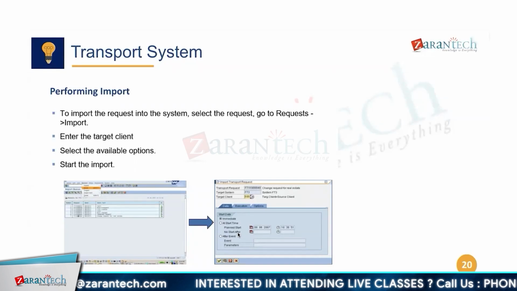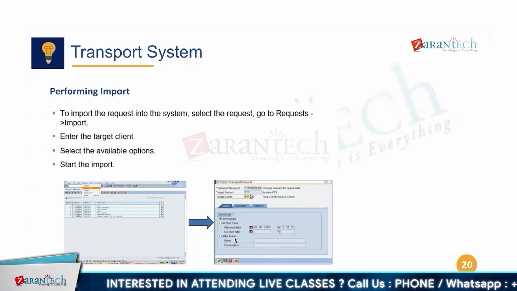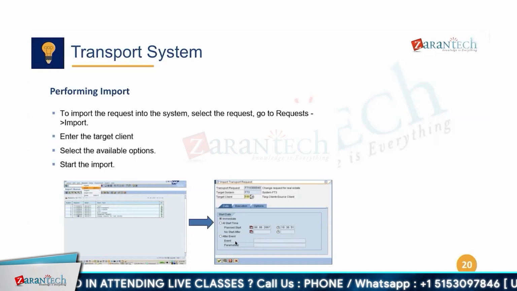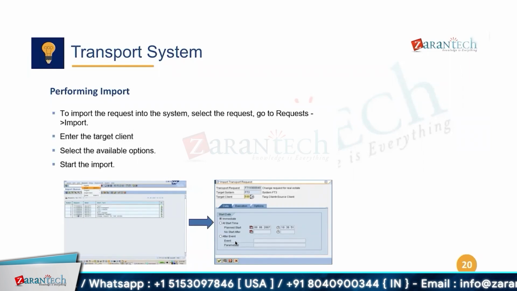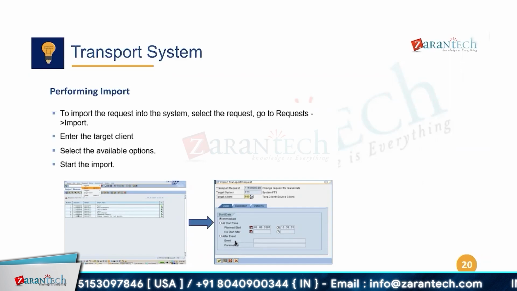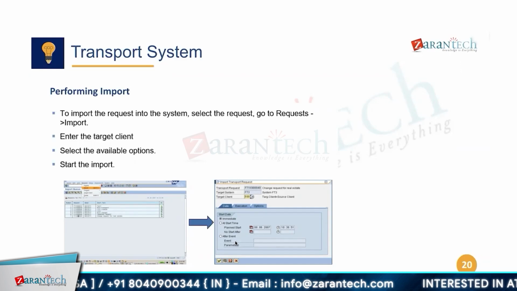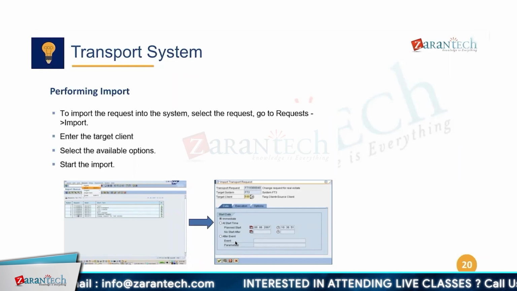So after an event, this is also important. Sometimes developers will create events. Which means after so-and-so code corrections have come to the system, you proceed with importing so-and-so things. Or after completing so-and-so job in the system, you proceed with importing the transport. That you can do.